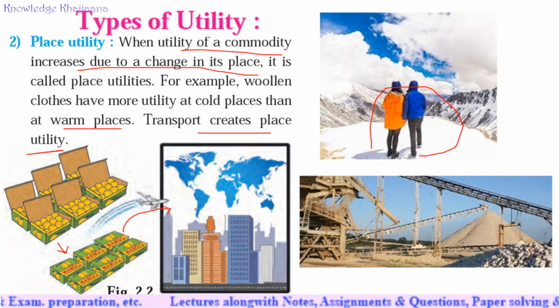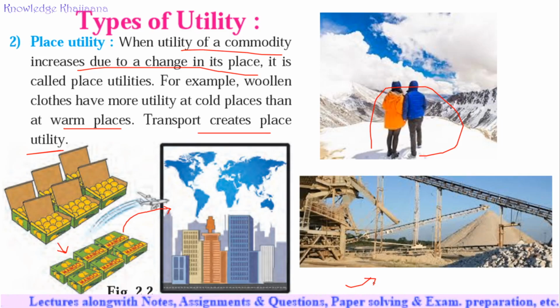Then only it will give the utility. Similarly, woolen clothes, if those are used in South India, no, they will not give the utility. But when they are taken to Leh Ladakh, then they will give the utility. Similarly, sand, if it is taken from the seashore to the construction site, then it will give the utility.